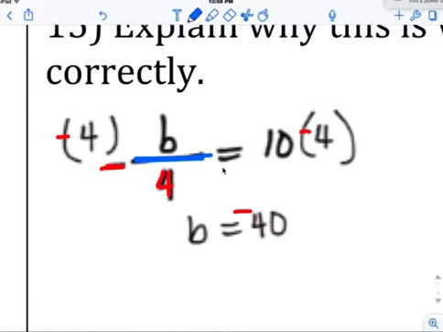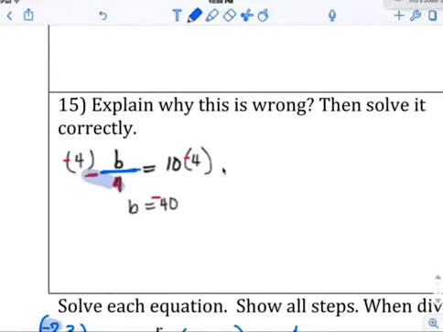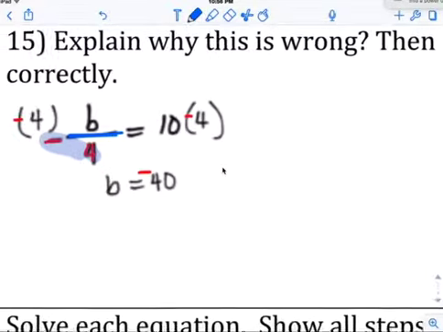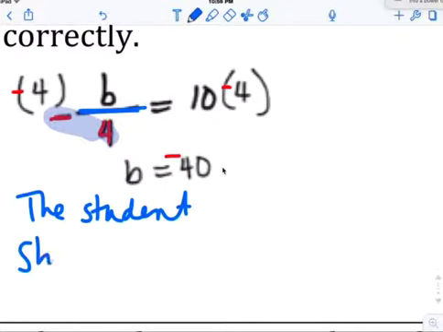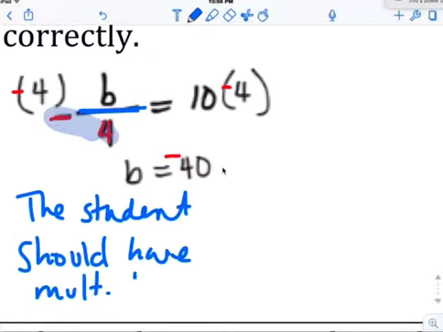So anytime you see a division, we do the opposite operation, which is multiplication by the exact same number. So why is this wrong? The student should have multiplied by a negative 4, not 4.